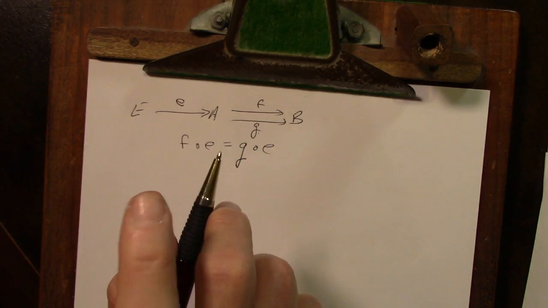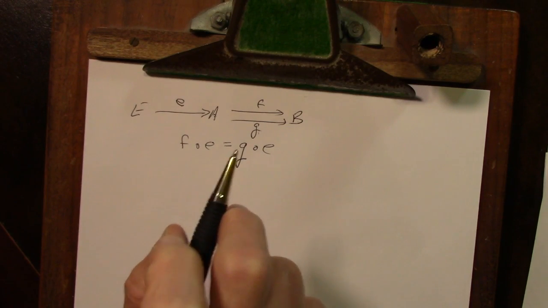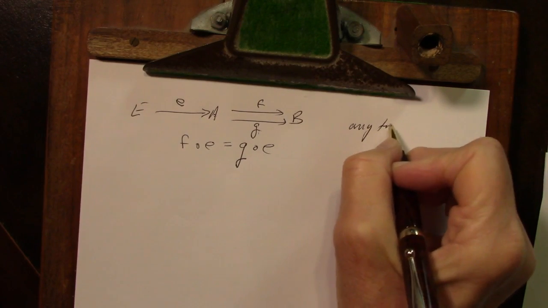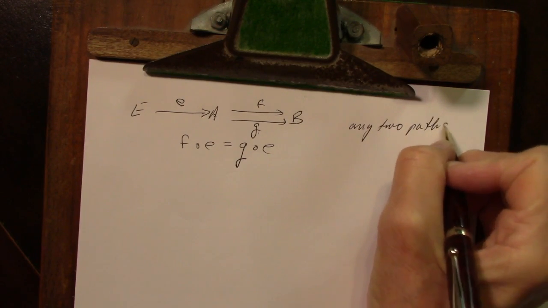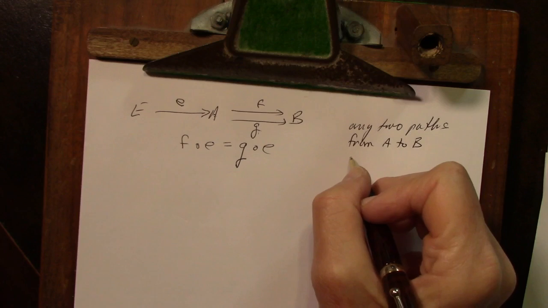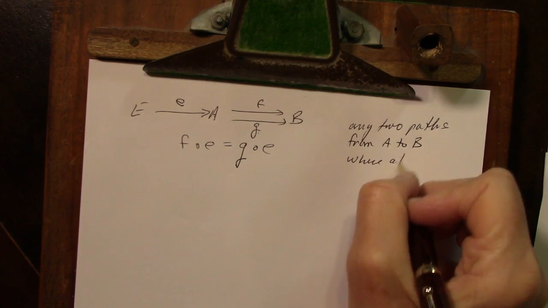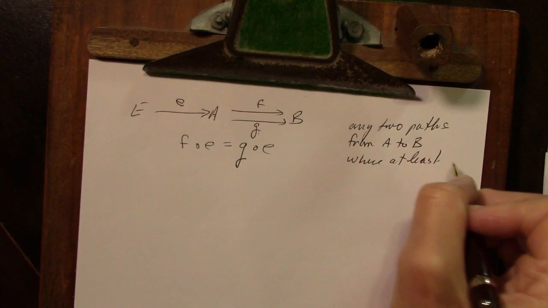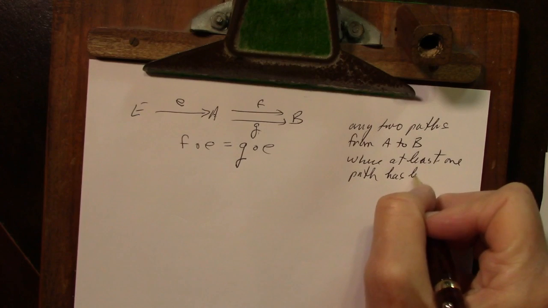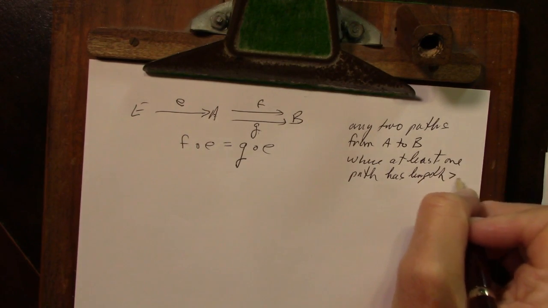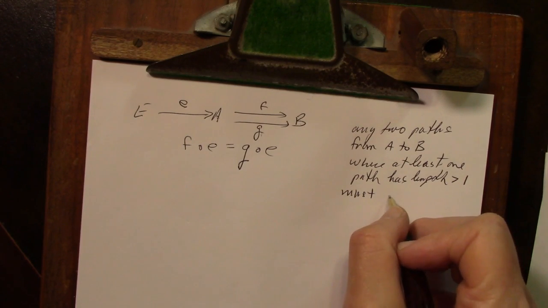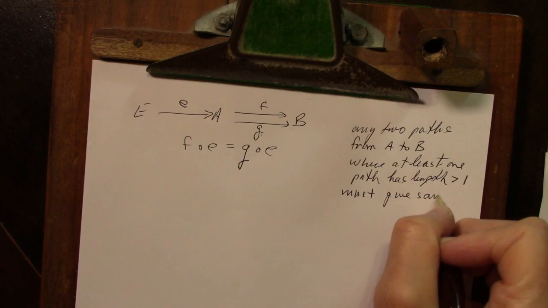So what I have to do is amend the definition I just gave to say that any two paths from A to B, where at least one path has length greater than 1, must give the same morphism.